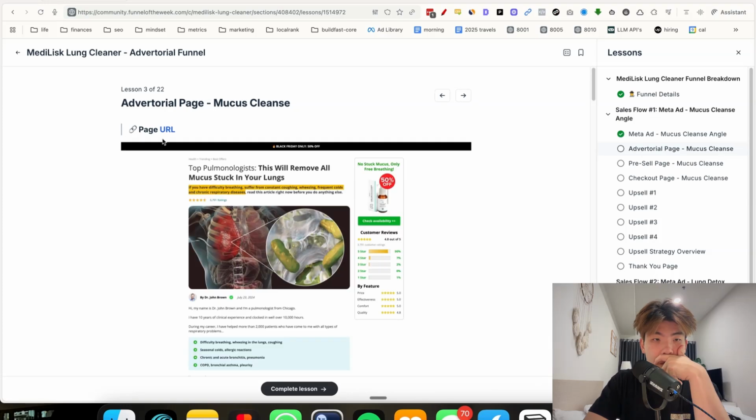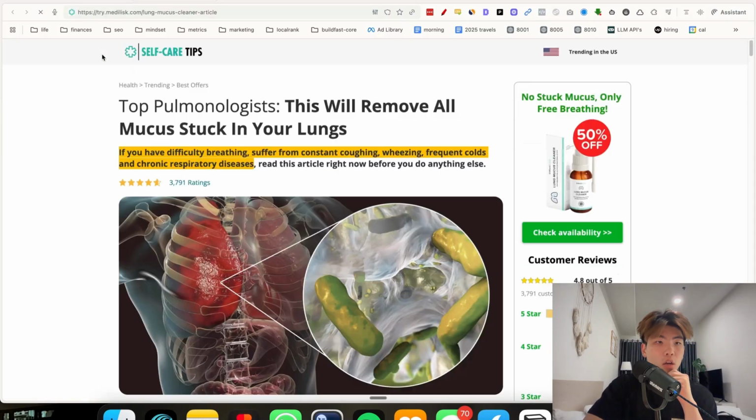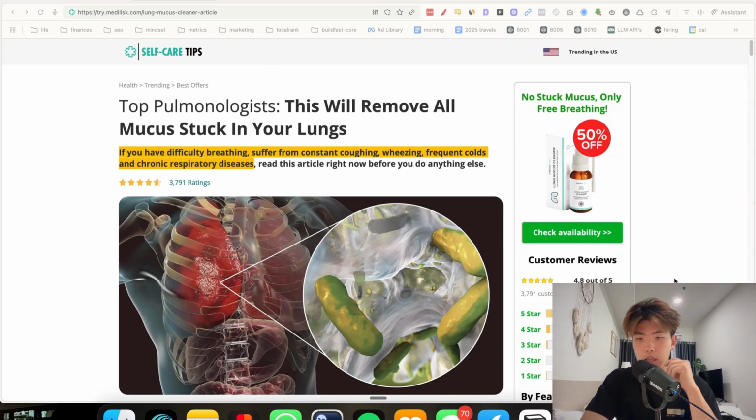Okay, let's see. So this is their advertorial. They probably are running ads directly to their advertorial. This looks very much like a news article, which is great because they're probably running ads to an audience that is not aware of having this issue, and they're informing their user before directing them to add to cart.